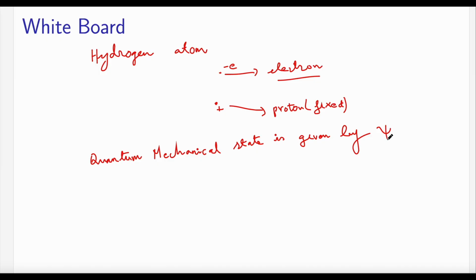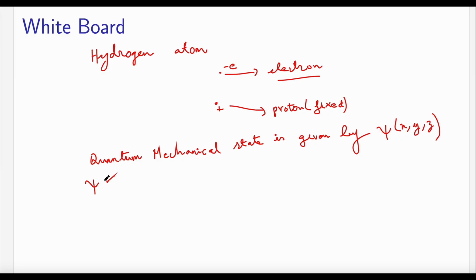It's a wave function. This is a three-dimensional problem, so psi is a function of x, y, z. The quantum mechanical state is given by psi of x, y, z, and we know that psi is the wave function. And what is its significance?